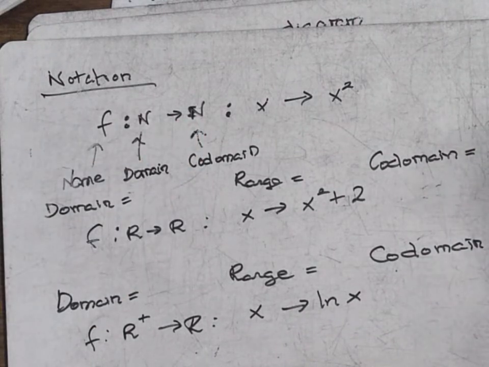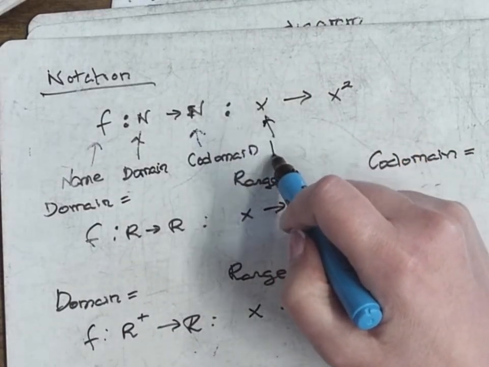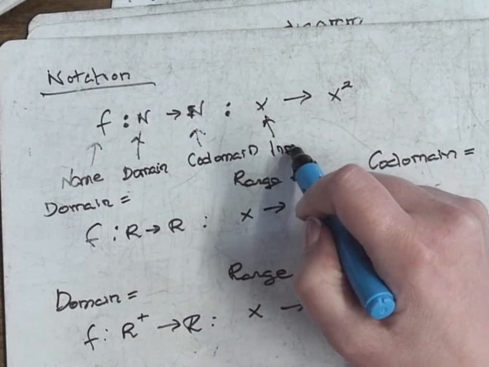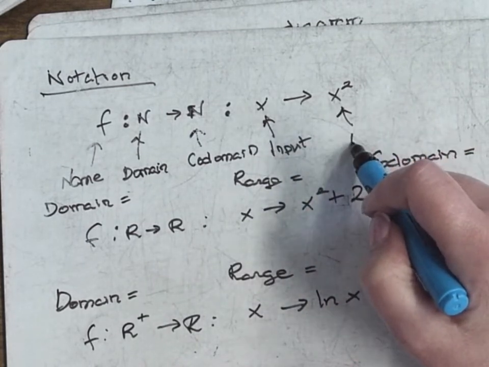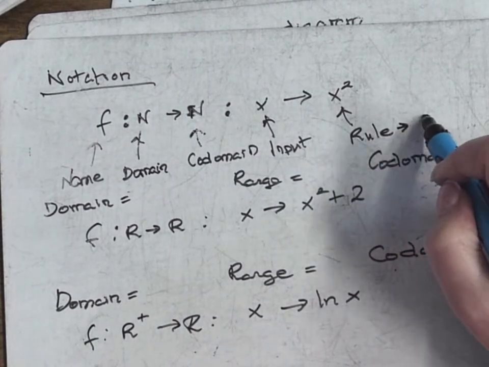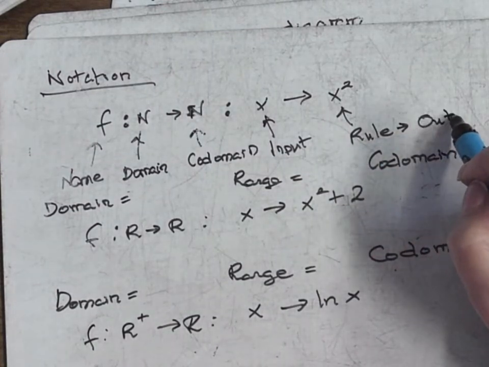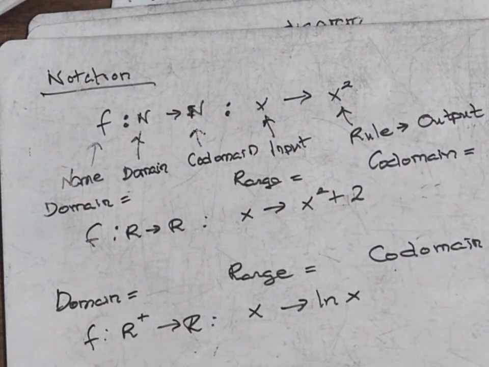This is the input, as in you put in x, we always put in x, and this is the rule, and the rule will lead to the output.